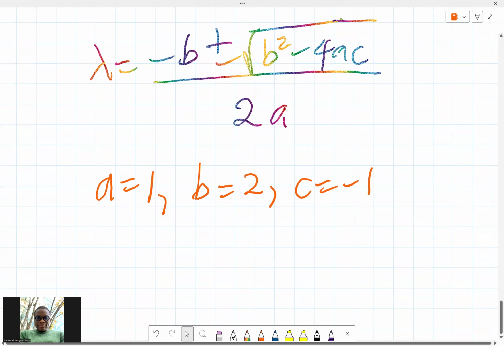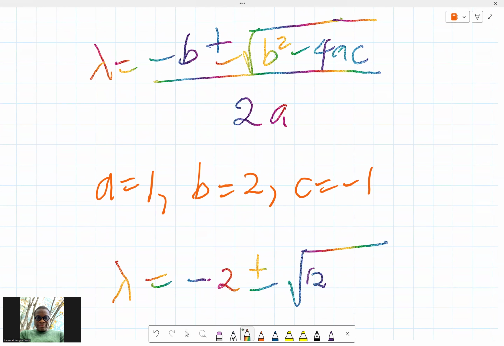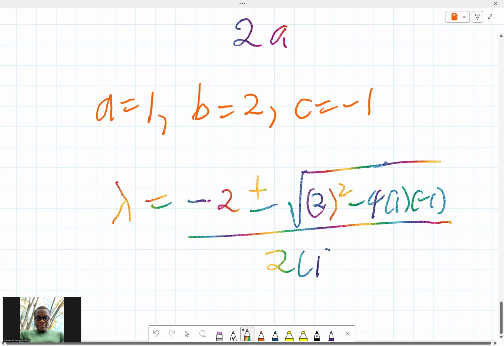So we have lambda now to be -2 plus or minus the square root of 2 squared minus 4 into 1 into -1, divided by 2 times 1.